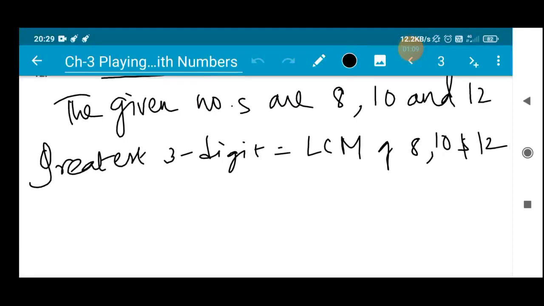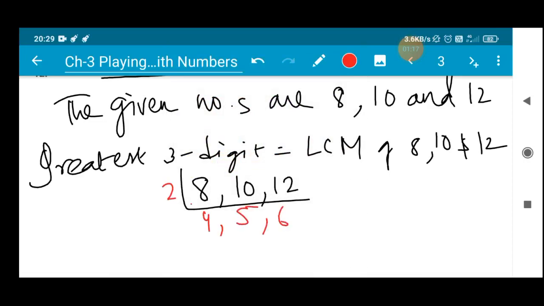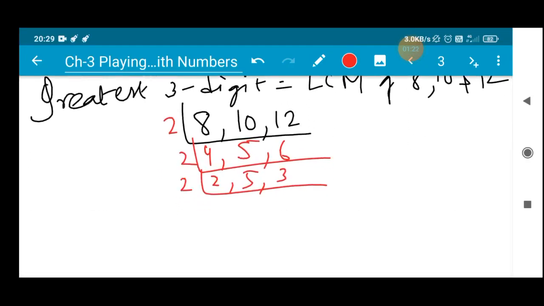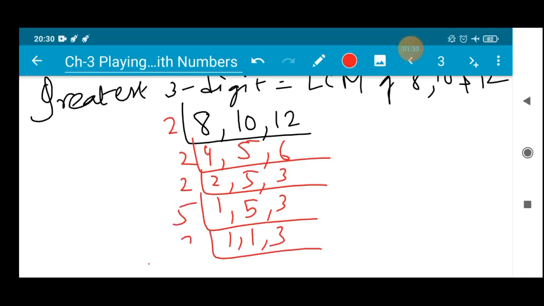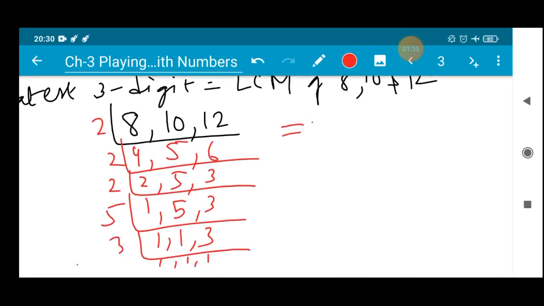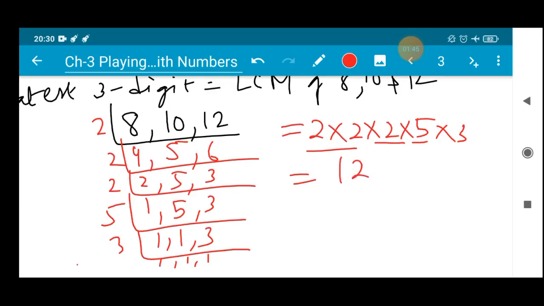Let's now find the LCM of 8, 10 and 12. 2 4s are 8, 2 5s are 10, 2 6s are 12, 2 2s are 4, 2 3s are 6, and 3 1s are 3. So what will be the LCM of 8, 10 and 12? It will be 2 into 2 into 2 into 5 into 3. So 2 2s are 4, 4 2s are 8, 8 5s are 40 and 40 3s are 120.